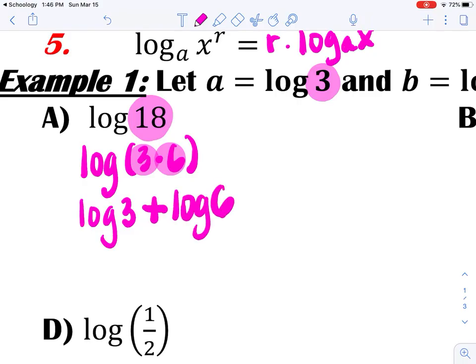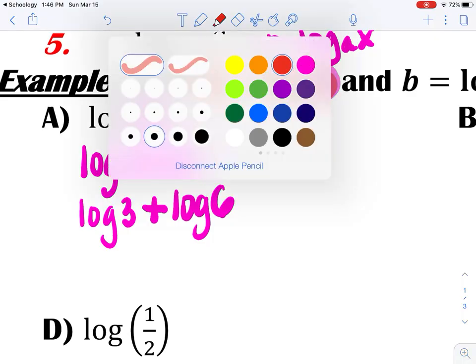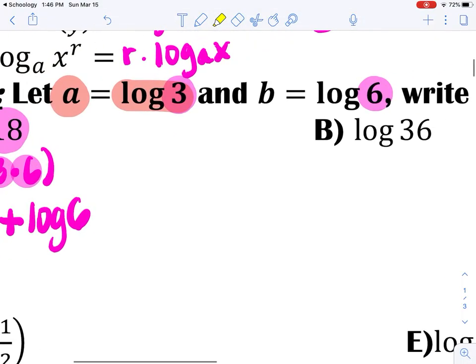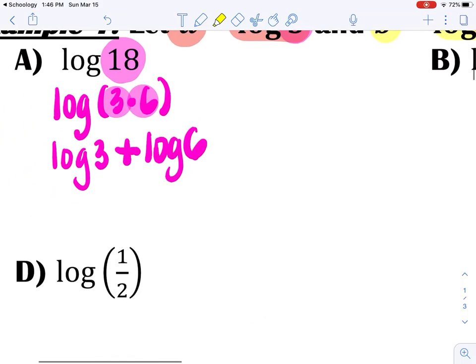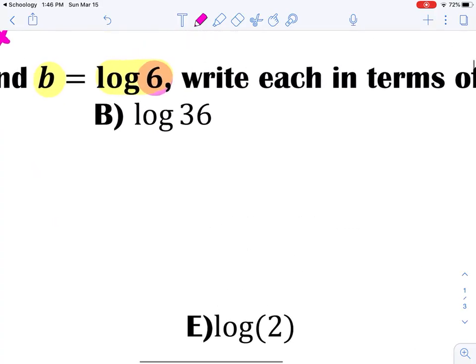Notice two arguments being multiplied were split up and written as two logarithms that are being added. Now I can replace log of 3 with a and log of 6 with b. If I do that, I end up with a plus b. Realize b plus a is also a correct answer, but an incorrect answer is a times b.